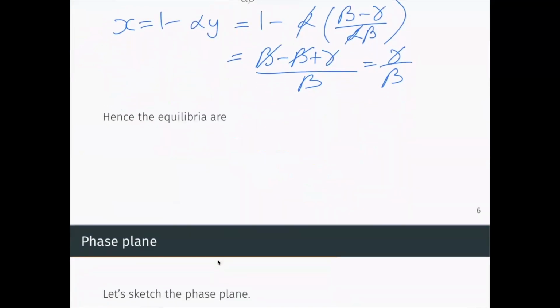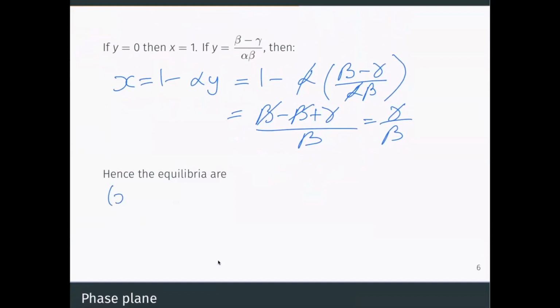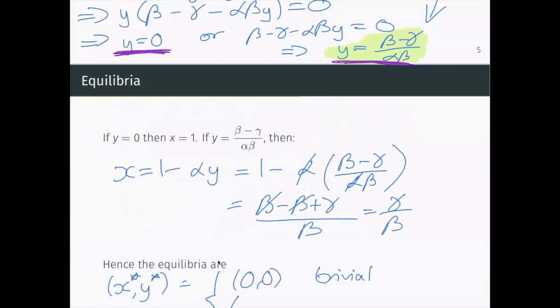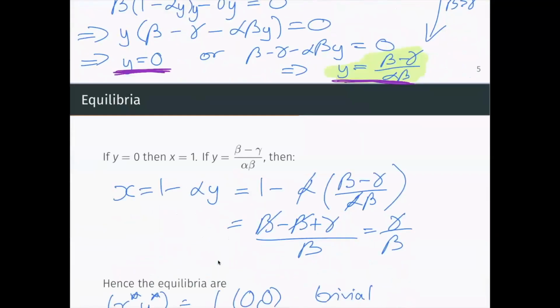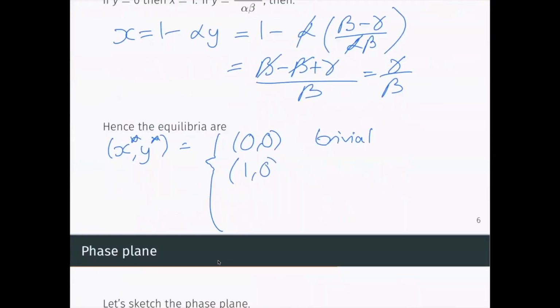So we can bring all this together and summarize it. Our equilibria are going to be (x*, y*) equals (0, 0), which is our trivial equilibrium. We had up here that if y is equal to 0, then x is equal to 1. So (1, 0) is a semi-trivial or prey-only equilibrium, so the predator is extinct.